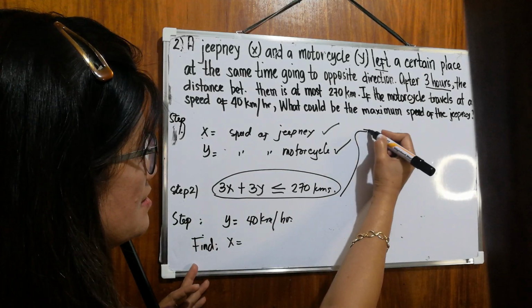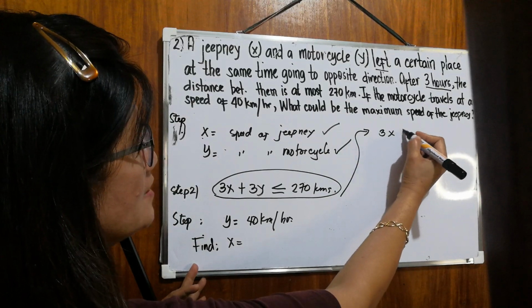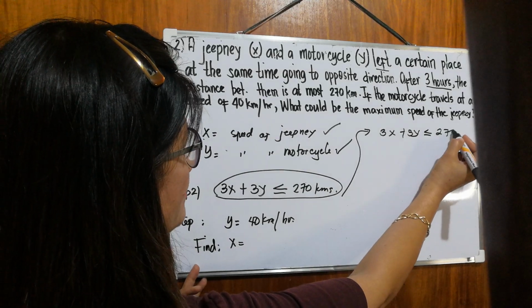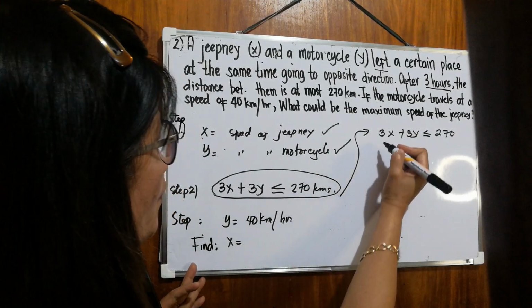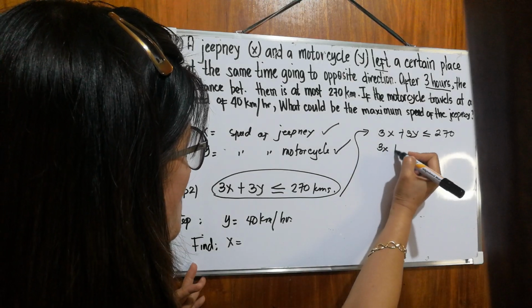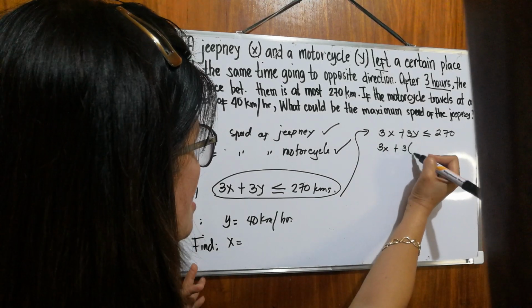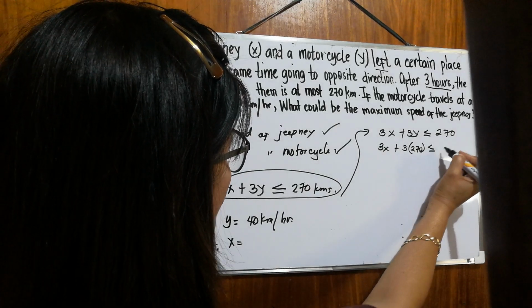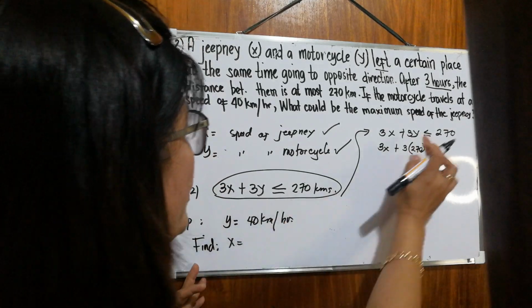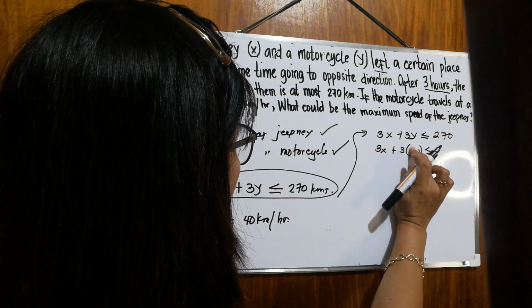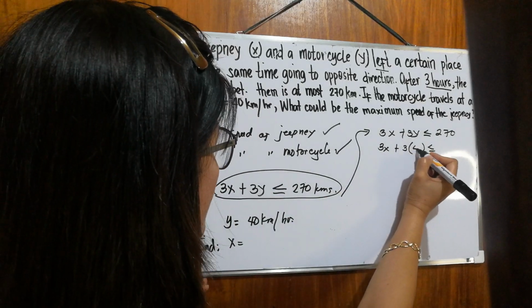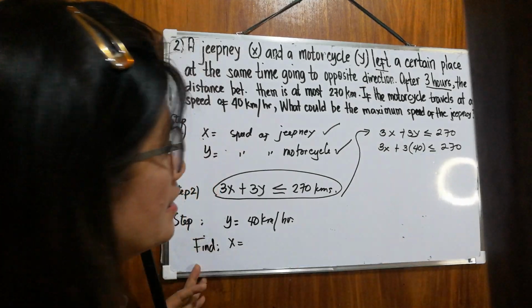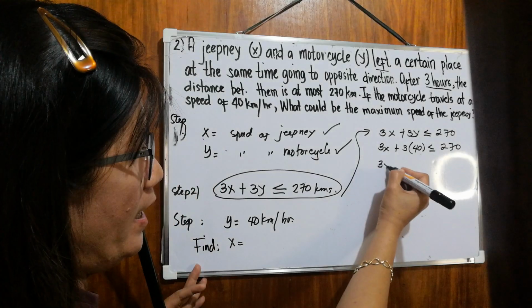Okay, so let's stay here. 3x plus 3y is less than or equal to 270. Then, we will bring down 3x plus 3 times 40 is less than or equal to 270. We replaced y by 40. Then, we will bring down 3x.